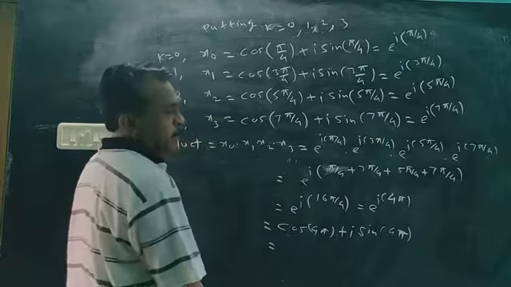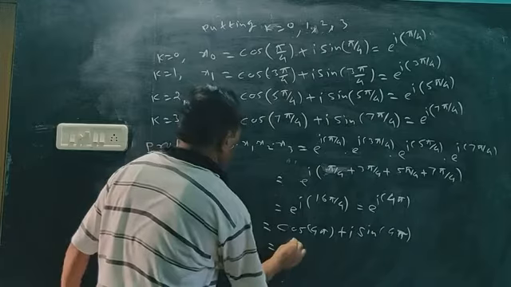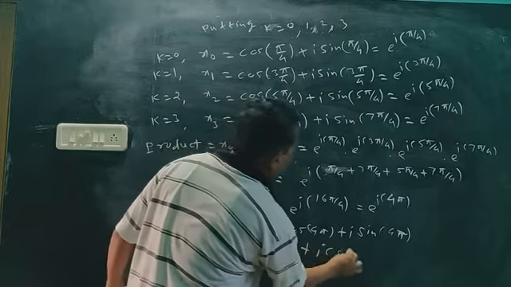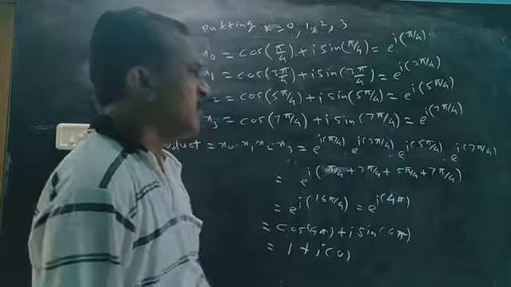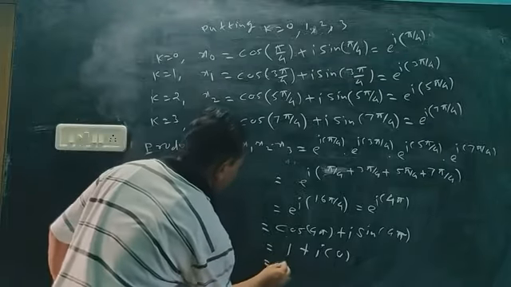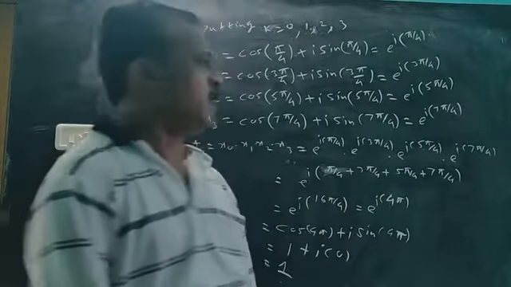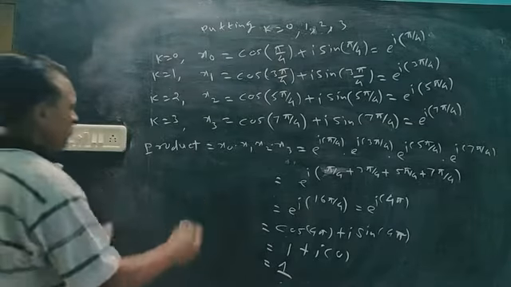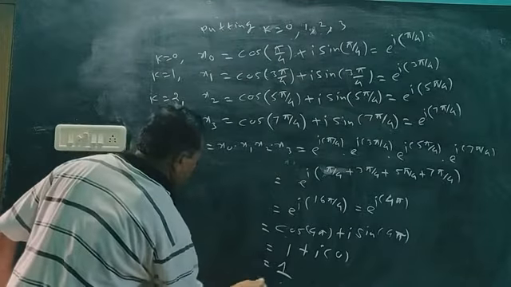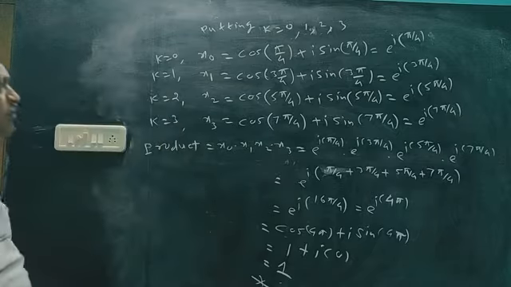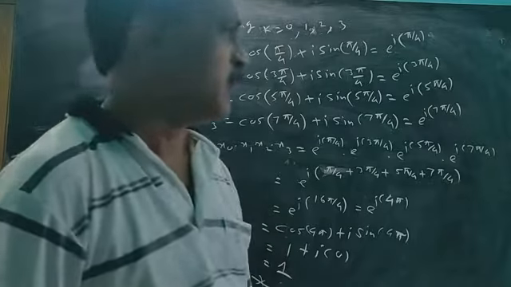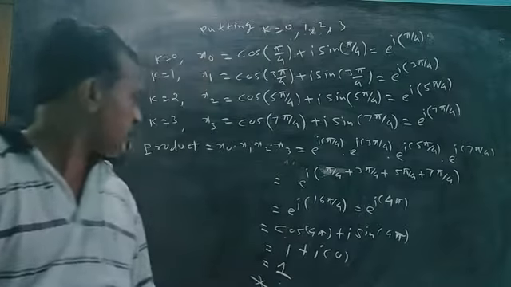So cos of 4 pi is 1, and sin of 4 pi is 0. This is the answer. So the product of all four values of this term will be unity, 1. Hence proved.